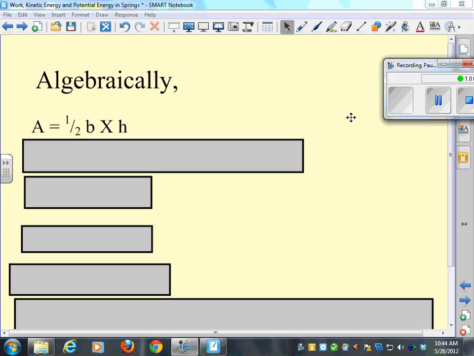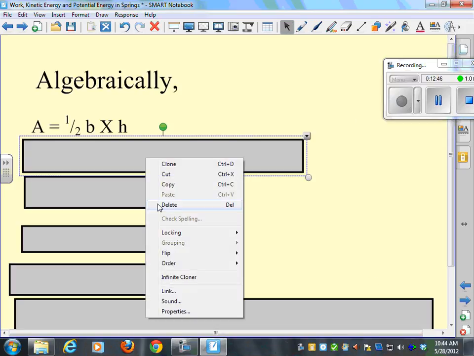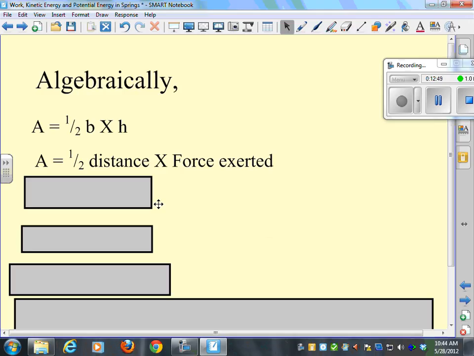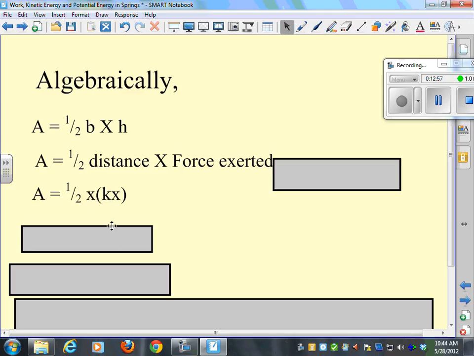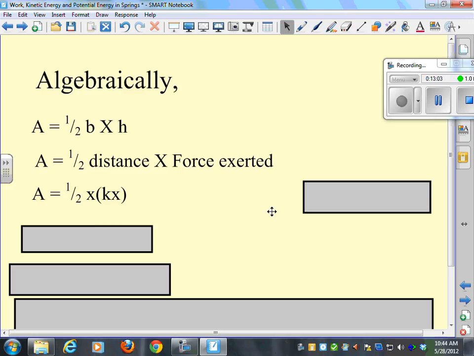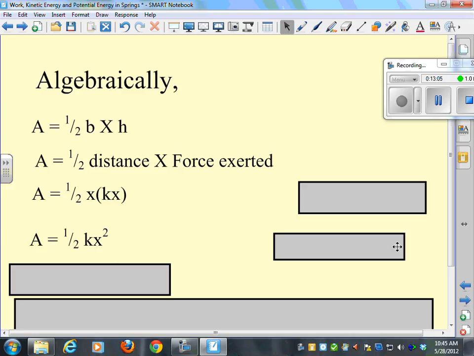All right, so algebraically, what do we got here? Area is half the base times the height. The base was the distance. The height was the force. The distance is x, so 1/2 x. The force exerted is kx. So 1/2 kx squared. This is the formula.